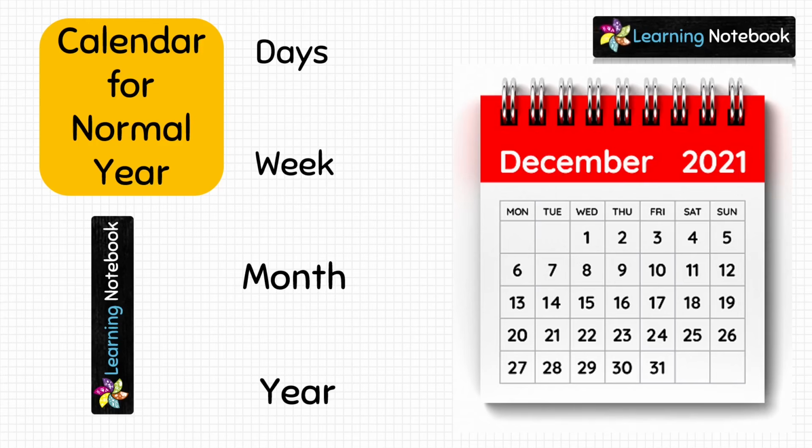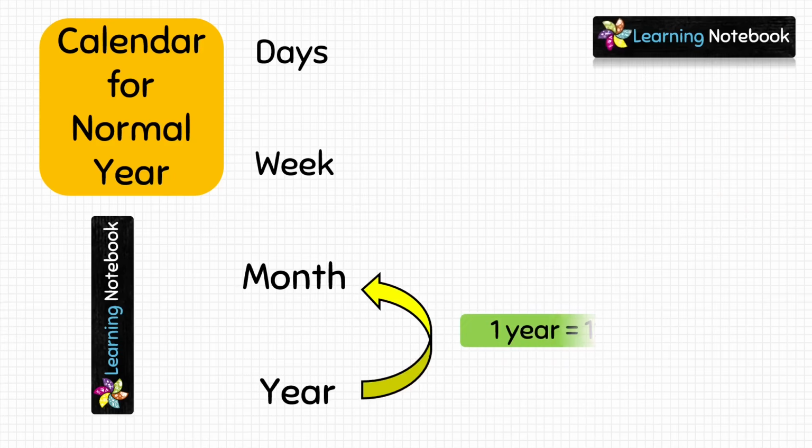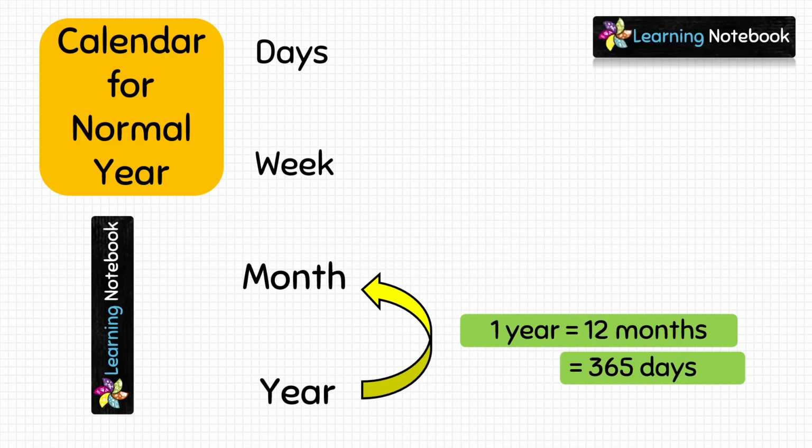Now, 1 year equals 12 months, or we can say 1 year equals 365 days, or we can also say 1 year equals 52 weeks, 1 day.